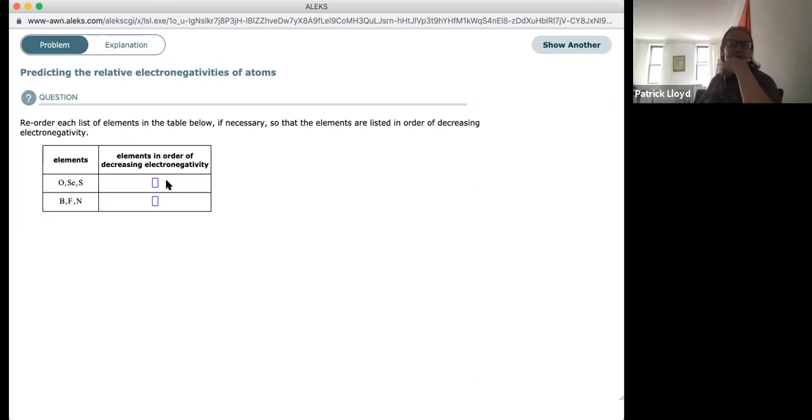Reorder each of the elements in the table below, if necessary, so that the elements are listed in the order of decreasing electronegativity. So decreasing, you want to go smaller, smaller, smaller.